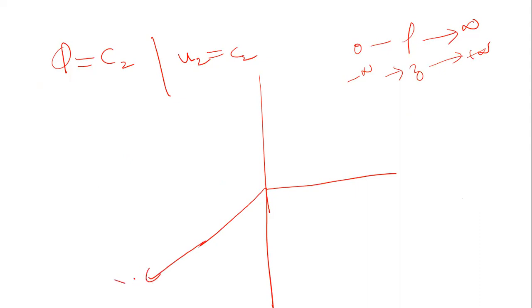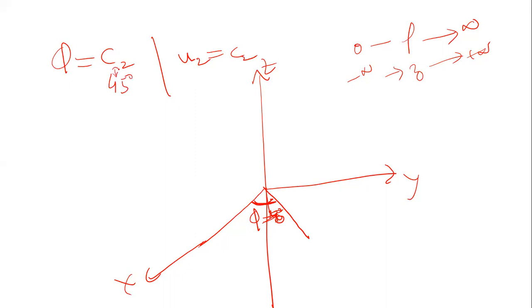Okay, so let's say we fix the value of phi here. Phi value is fixed at, let's say, 45 degree. C2 is 45 degree. Okay.